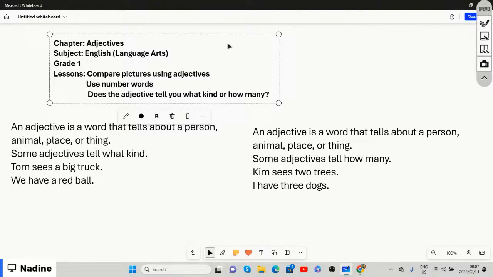And the lessons that we're going to be focusing on under the chapter of adjectives are to compare pictures using adjectives, use number words, and does the adjective tell you what kind or does it tell you how many?